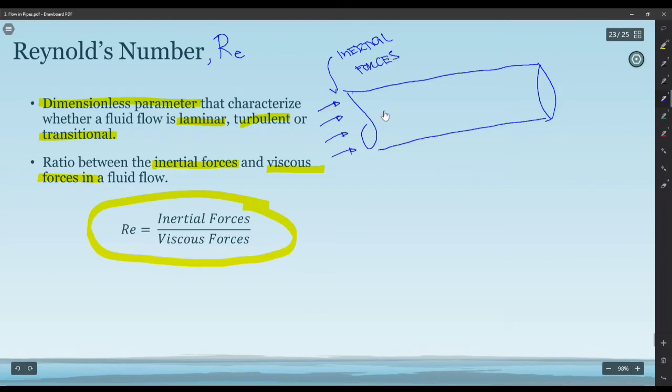And from the properties of the fluid particles, there is what we call the viscous force.